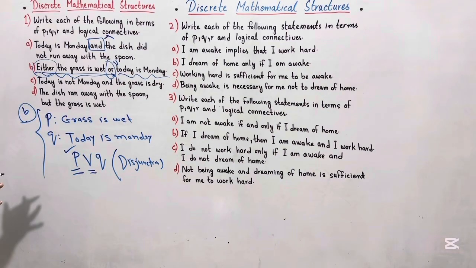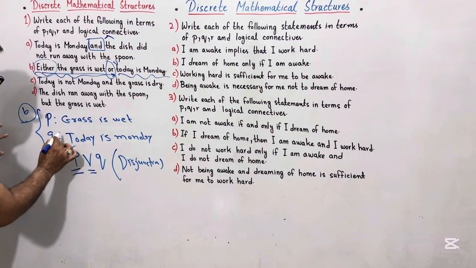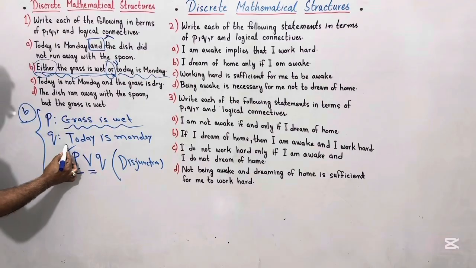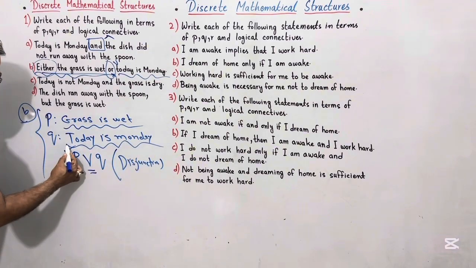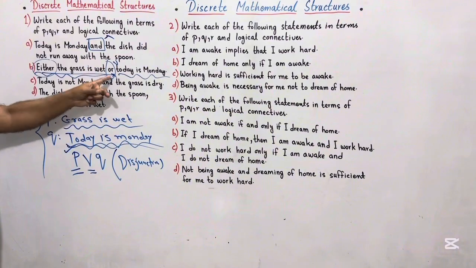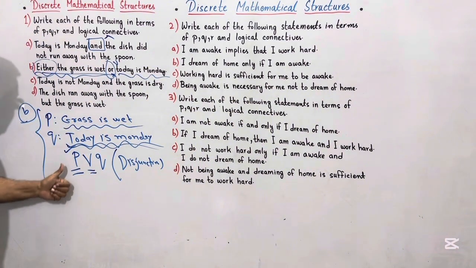To be on the safe side, we have assumed that P is the proposition the grass is wet, and Q is today is Monday. Either or disjunction means P or Q.